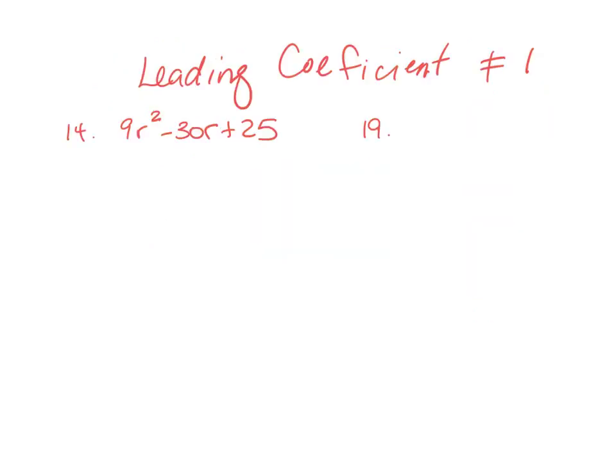When you look at your leading coefficients, if both of them are perfect squares, the last term and the first term, so this is a perfect square and that's a perfect square, try that first because that might get you out of trouble without having to multiply stuff and do it the way I'm going to teach you on number 19. So here, the square root of 9 is 3, the square root of R squared is R, and the square root of 25 is 5, and then we have 3R and a 5, right?